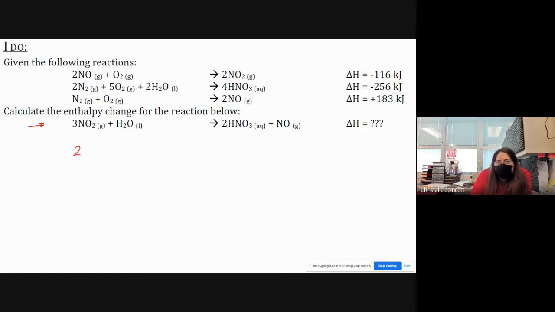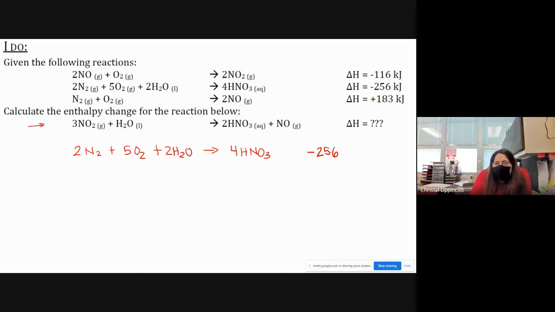So I'm going to go ahead and write him down, and I write his value off to the side so I can keep track of what I've done with it. I didn't change anything here, so that value is going to stay the same.